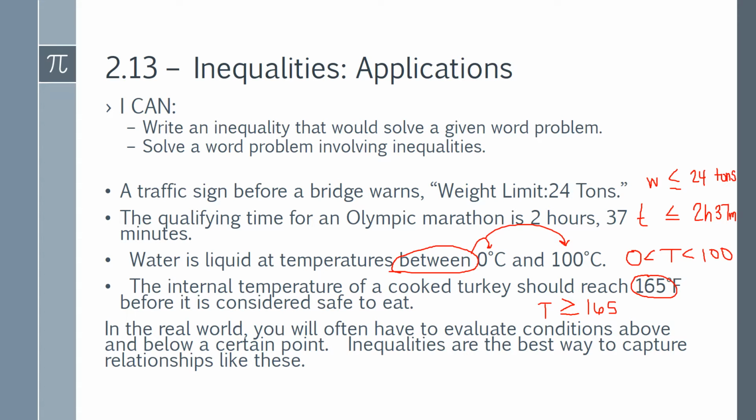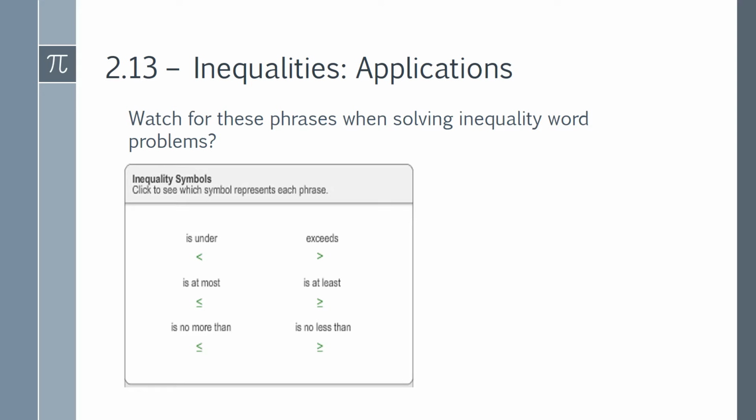That's disgusting. So that wouldn't work in this inequality that I've put together, and that makes sense, because 10 is not considered safe to eat. But 166, sure, 166 is greater than or equal to 165, and I would consider that turkey safe to eat. So these are just some helpful ways to evaluate whether or not you wrote the inequality correctly.